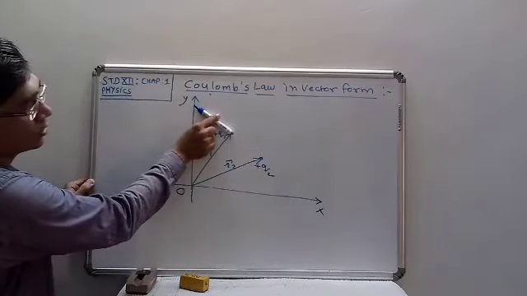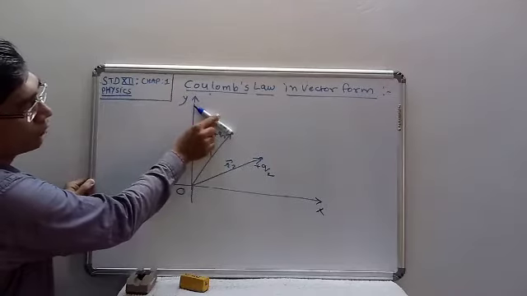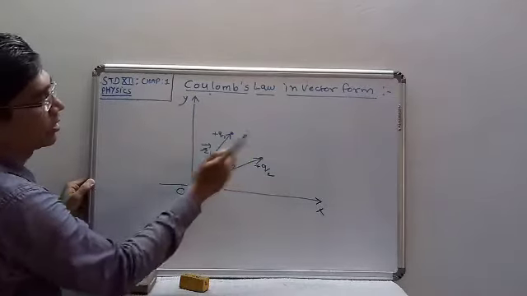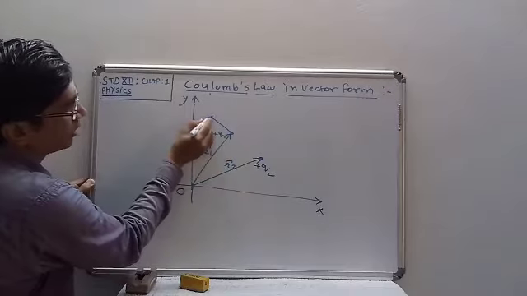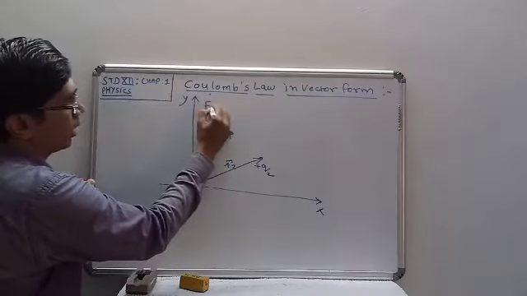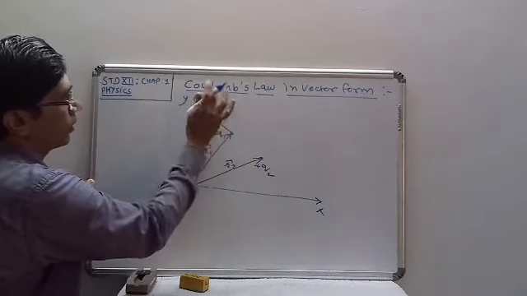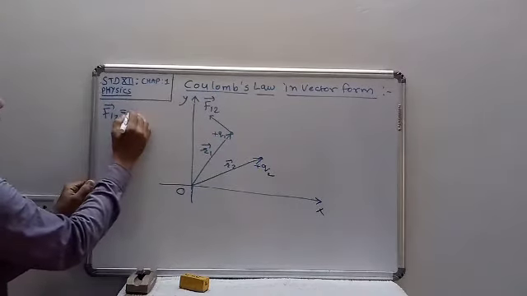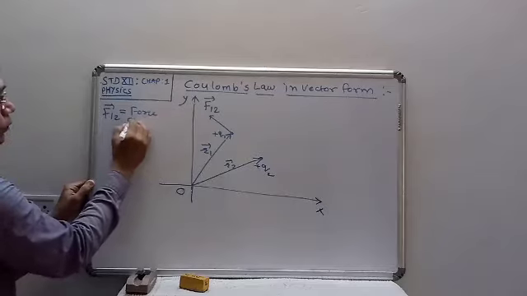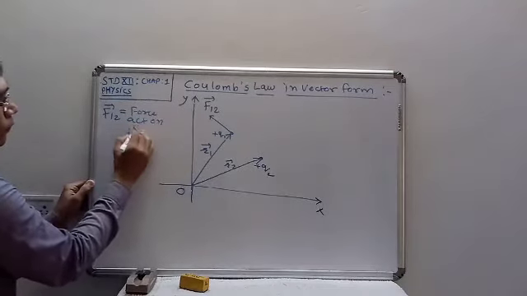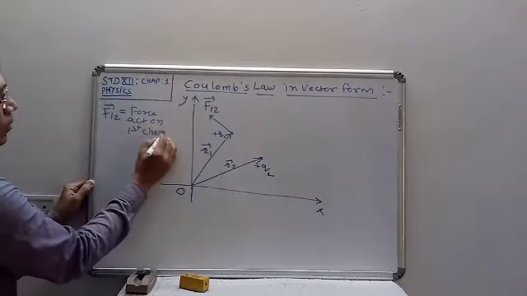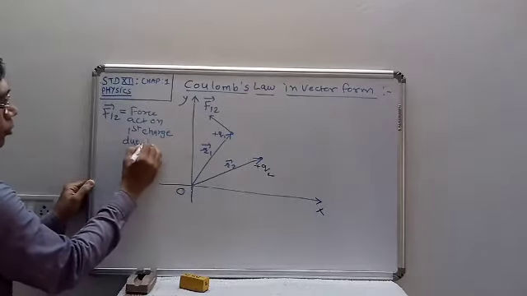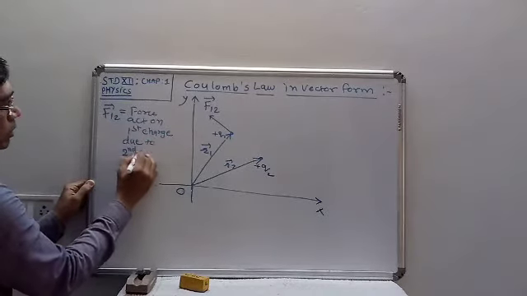So this is the force known as the force acting on the first charge due to the second charge, and the direction is given by this F12. We can write F12: force acting on the first charge due to the second charge.